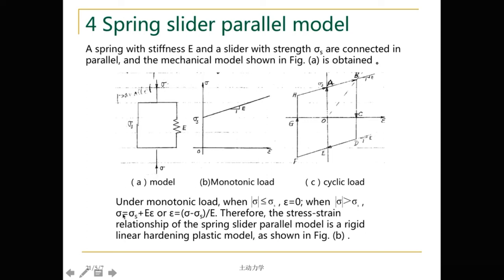At this moment, the total load stress is divided into two parts. First is applied on the slider to overcome the strength sigma s. The remaining part is applied on the elastic branch spring, and this stress is just equal to E times the strain in the whole system.